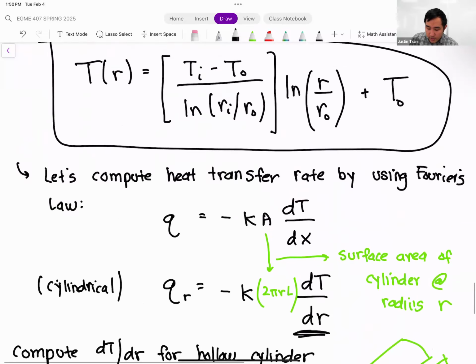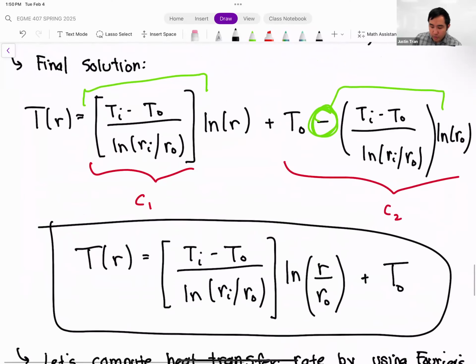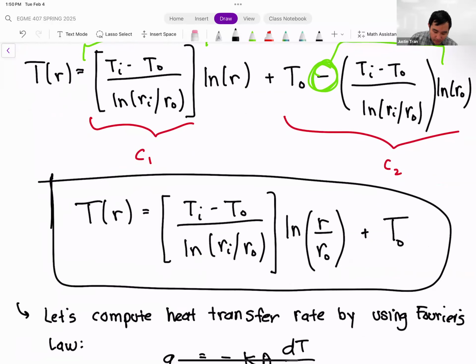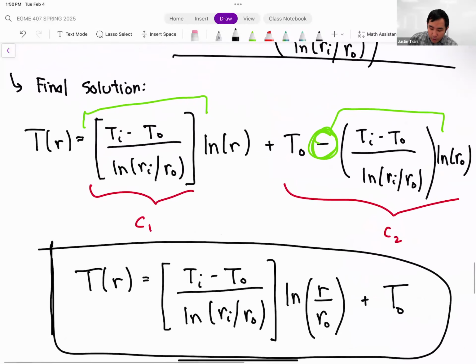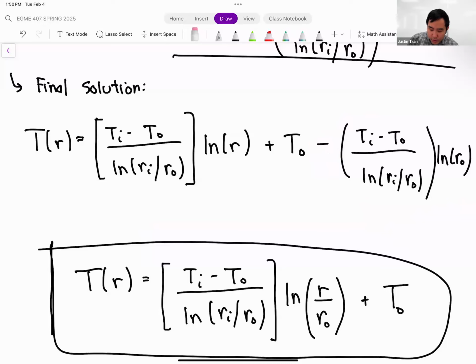Let's go back to our solution and take the derivative with respect to r.